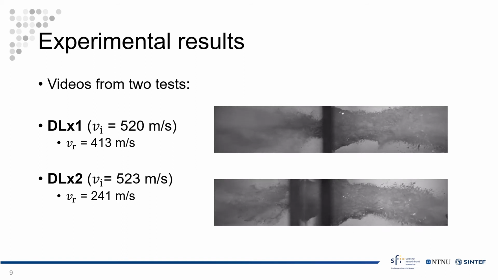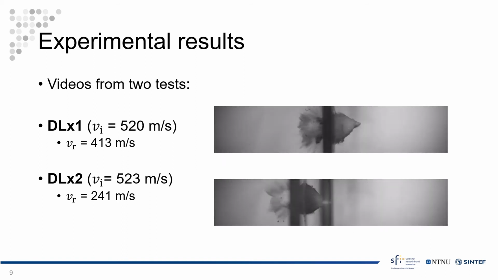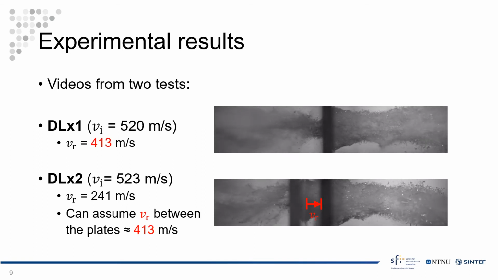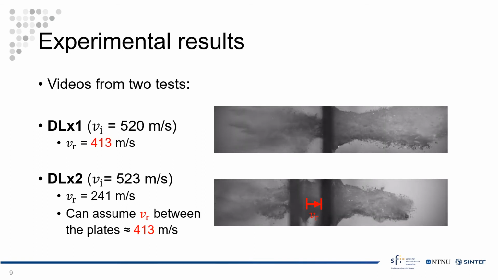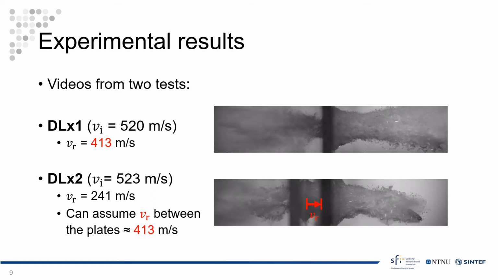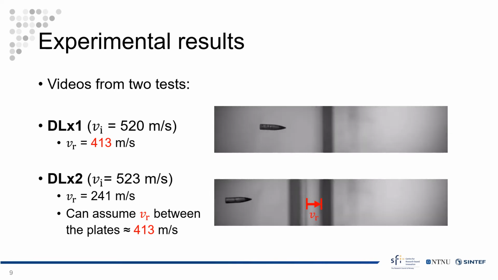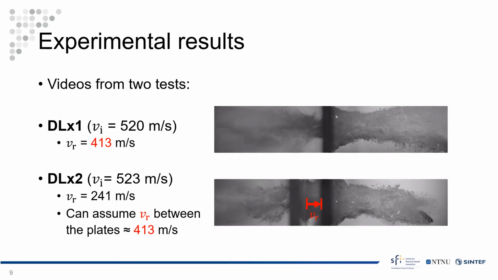Since the impact velocity is almost the same in these two tests, we can assume that the velocity between the plates in the DL2 test is approximately the same as the residual velocity in the DL1 test, probably slightly higher since the impact velocity is a bit higher in the DL2 test.